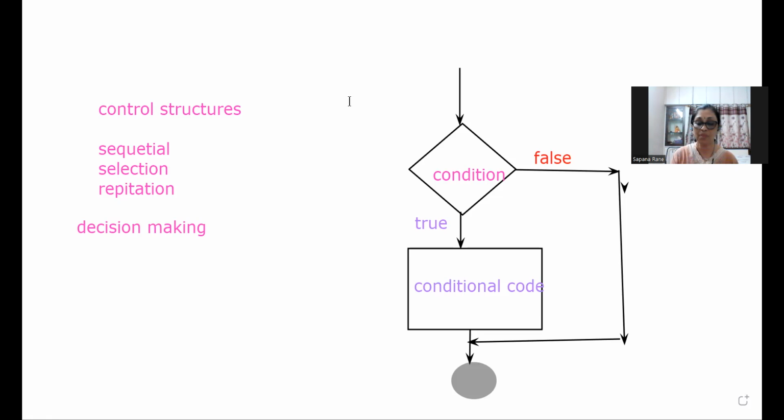Now let us go to the loop type of statement. Let me clear my drawing and draw the loop types. Generally two types of loops are used. Loop statements allow us to execute a statement or group of statements multiple times, hence the name loop.